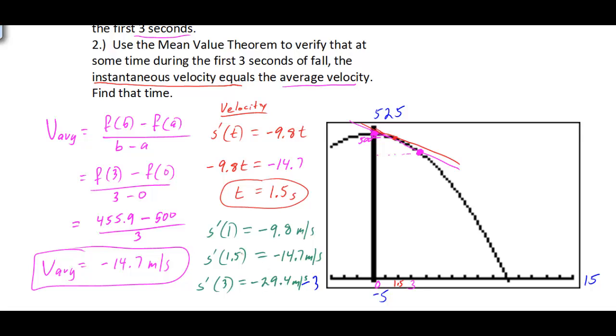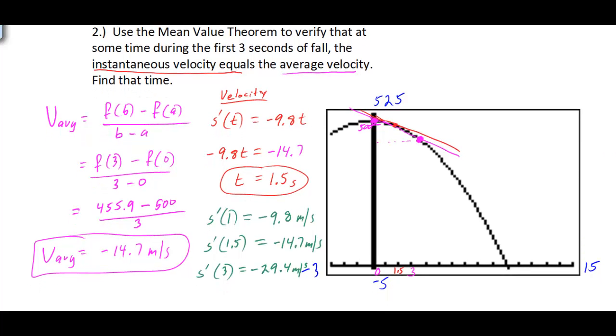So if you notice, the instantaneous rate of change at 1 second is a negative 9.8 meters per second, then at 1.5 it's a negative 14.7, and at 3 seconds it's a negative 29.4 meters per second. Here in the green, we're looking at the instantaneous rate of change at those specific times, whereas in the purple, we looked at the average rate of change from 0 to 3 seconds.